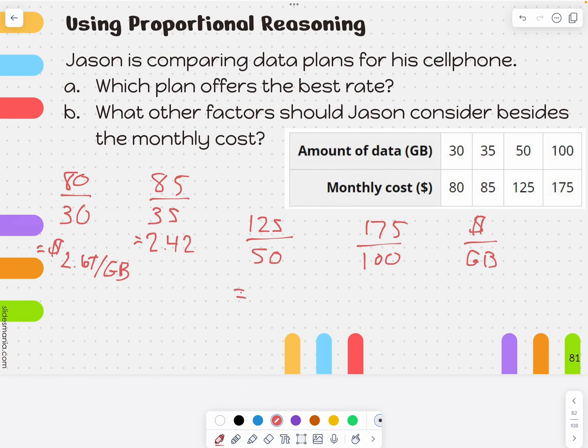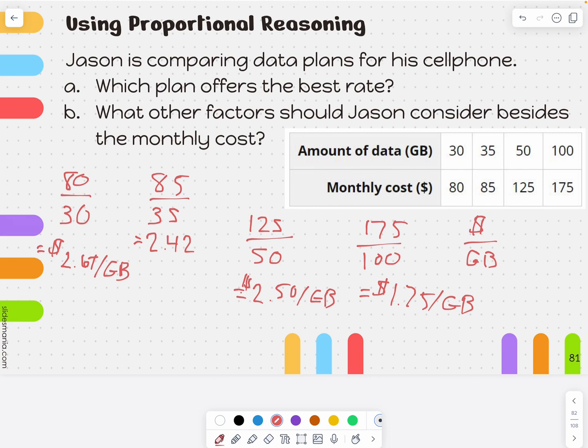My third one, $125. I'm getting 50 gigs for that. That's $2.50 per gigabyte. And 175 divided by 100 is $1.75 per gigabyte.